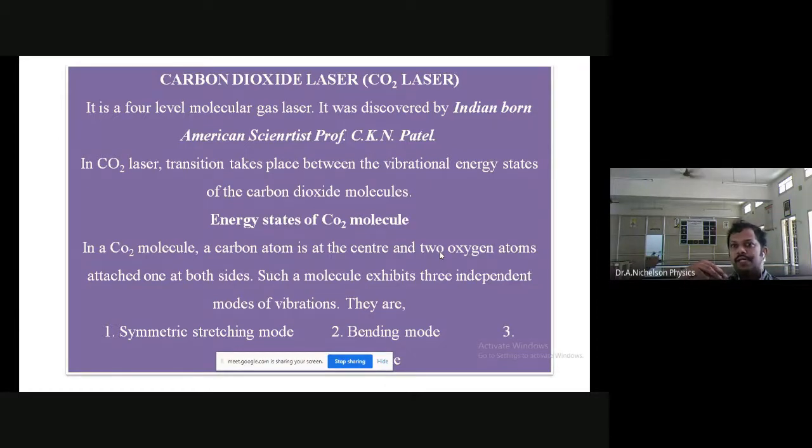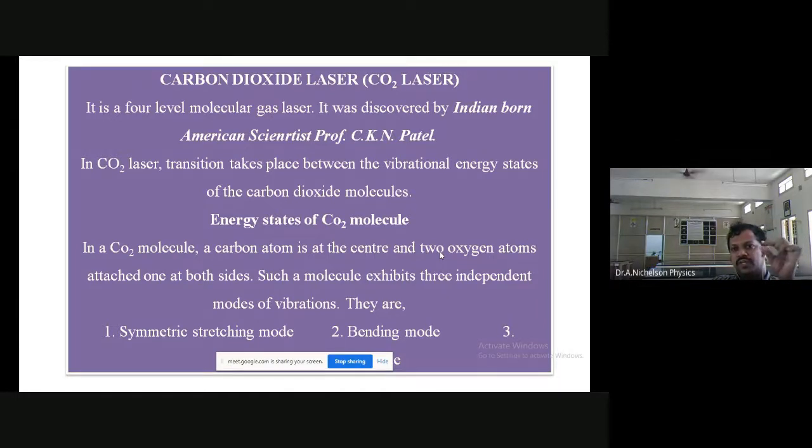The electron revolves around the nucleus, so you have electronic transition, and sometimes it itself vibrates. Here it is the molecular vibration. So you have atomic transition, electronic transition, and a transition because of the vibration of the molecules or atoms.